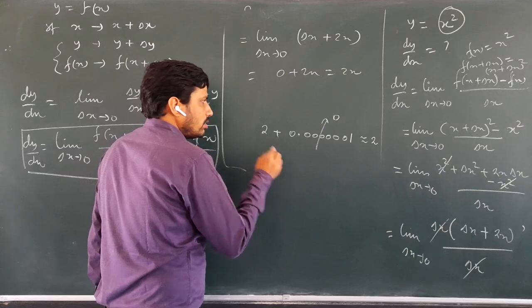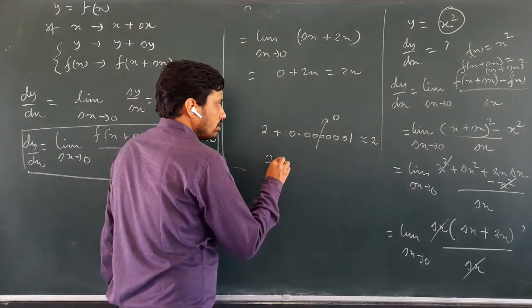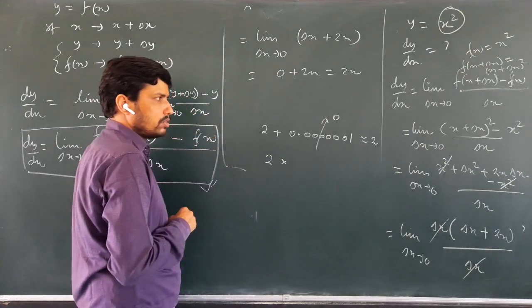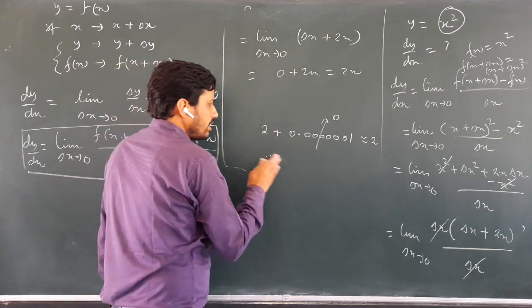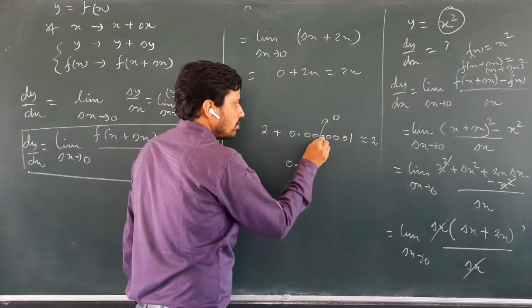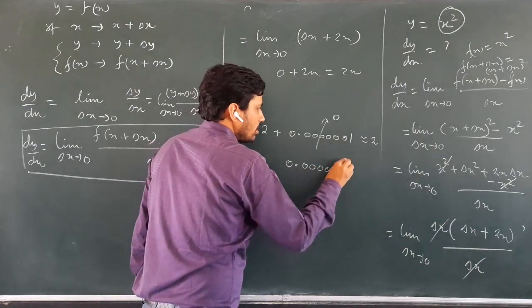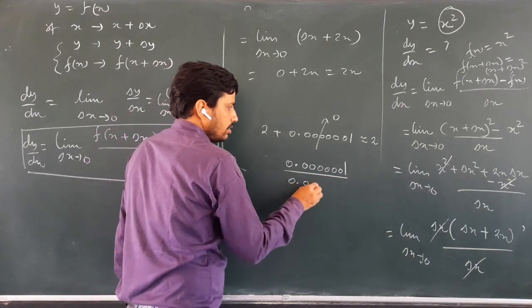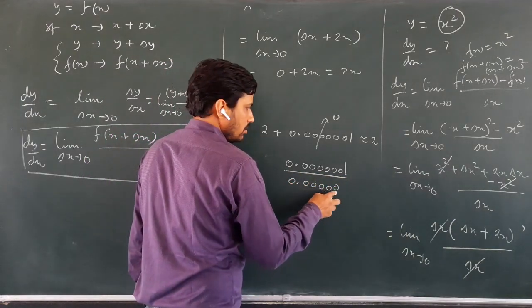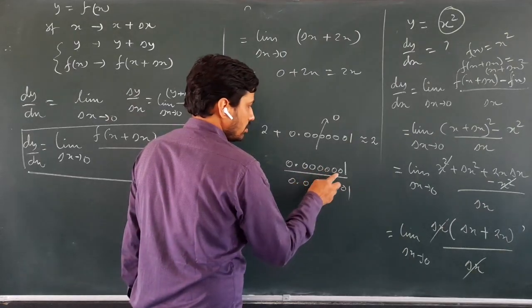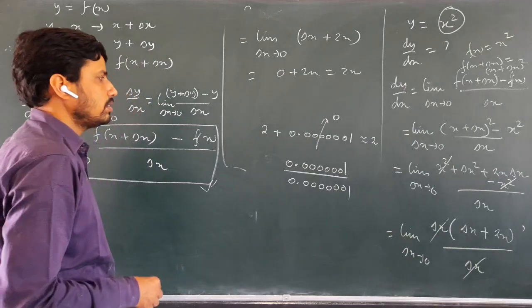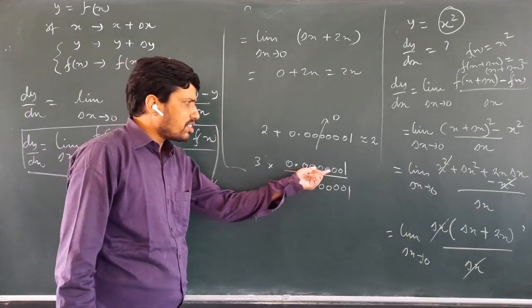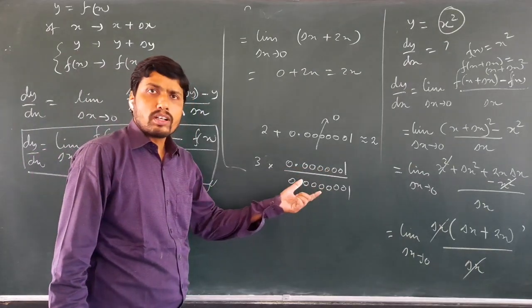But if I have 2 into, or if I have 0.0012 by, here, if you take it as a 0, then this is 0 by 0 form, which is not defined.